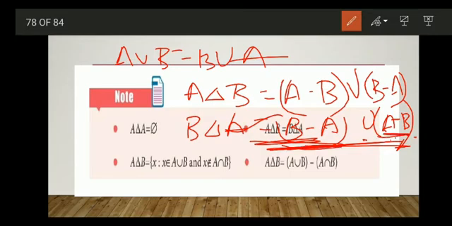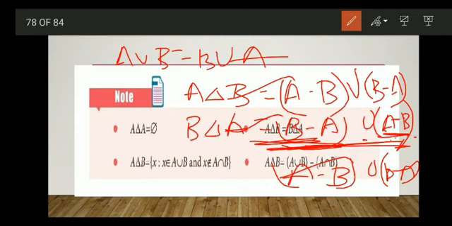So since union is commutative, we can write this as A difference B union B difference A. So these two are equal.